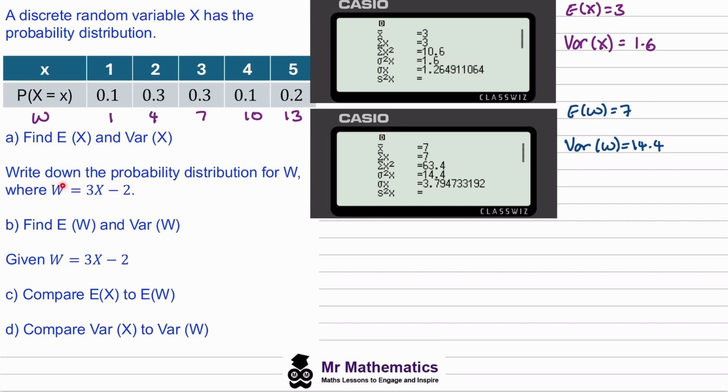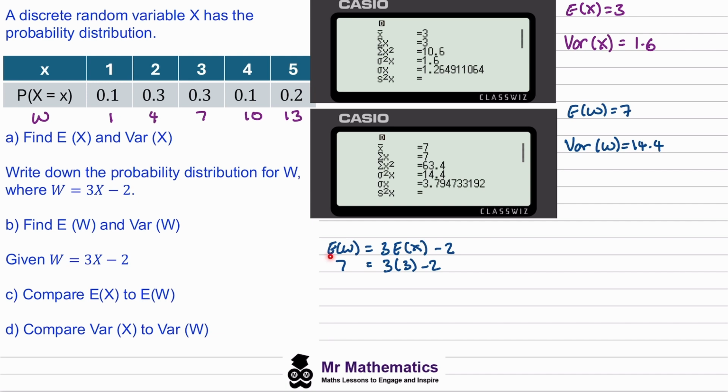So we can replace this with the expected value of W, and this will be equal to 3 lots of the expected value of x, and then we'll minus the 2. And we can check that this works. If we substitute in these two values, we'll have 7 is equal to 3 lots of 3 minus the 2. And 3 times 3 is 9. 9 take away 2 does give us 7.